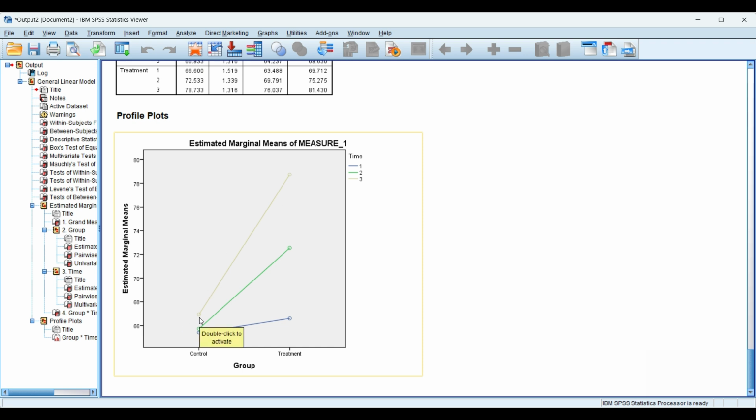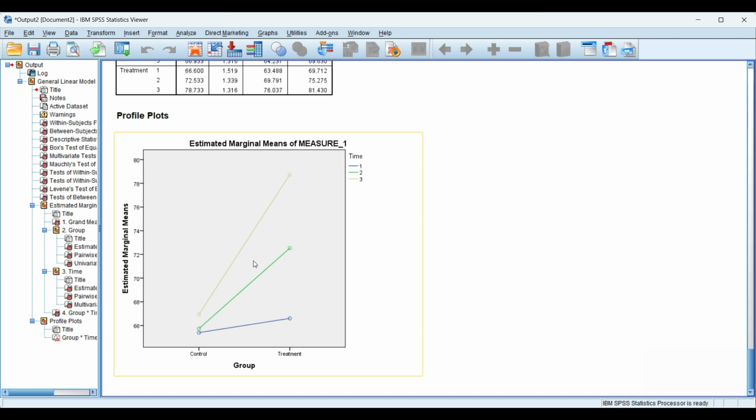So the widening gap between the two groups demonstrates that treatment continued to improve participant performance over time. The non-parallel lines in the profile plot indicate a significant time-by-group interaction, meaning that the pattern of change across time differed between the control and treatment groups.